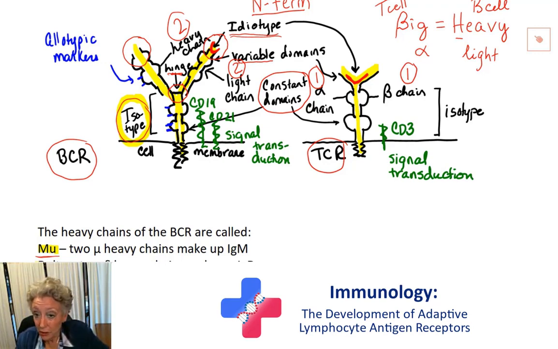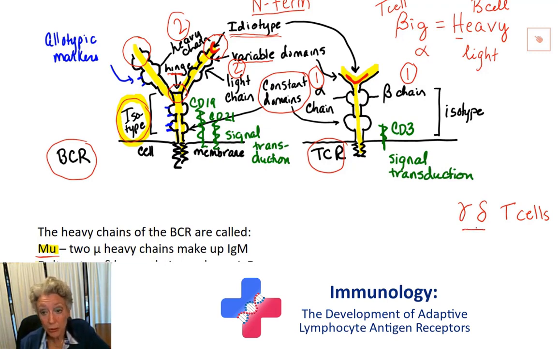Now, the isotypes in the T cell receptor are just named according to the chain, because it's only the difference between N-terminus and carboxy terminus, and so we simply call them alpha beta isotype, and there is another much more rare isotype that we really do not fully understand what it does, that is called a gamma delta T cell.